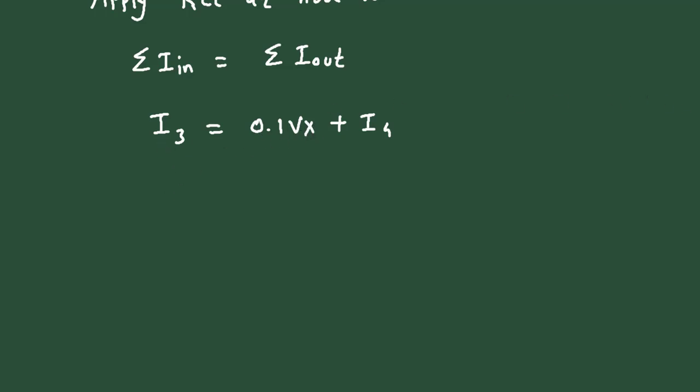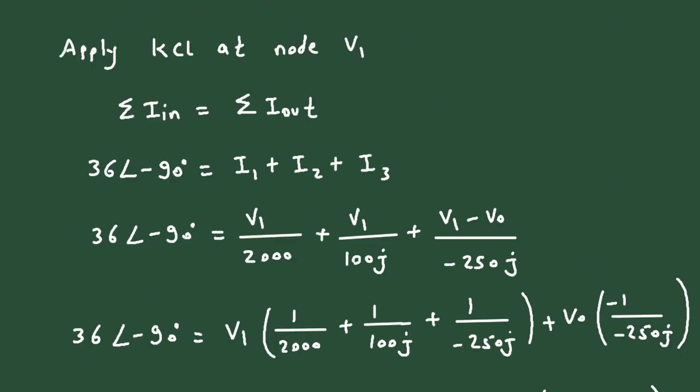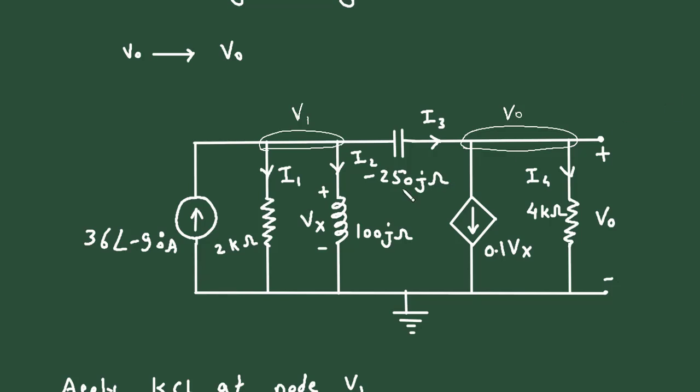Now we can write this I3 in voltage form. So it will be V1 minus VO divided by minus 250J. It is equal to 0.1 into Vx. Now this Vx is this current I2 multiplied with 100J.